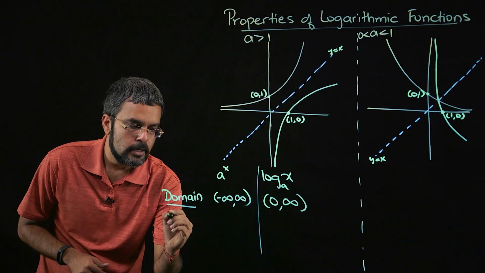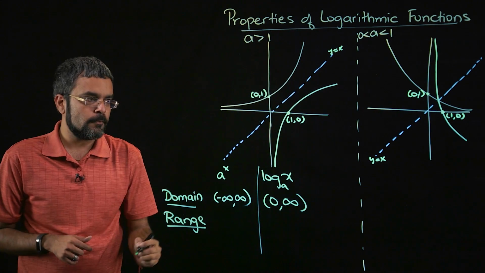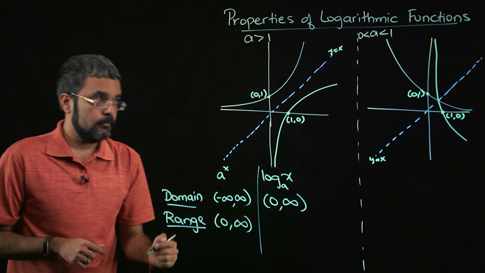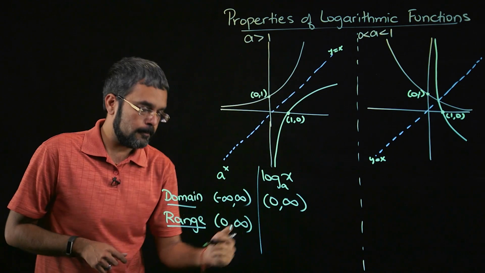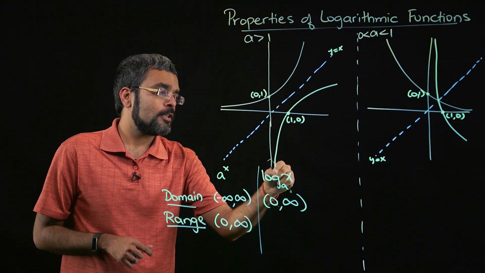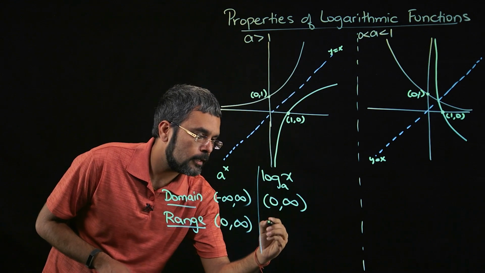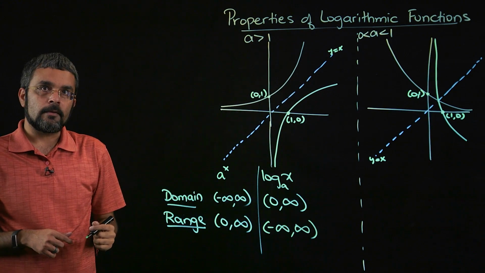Then the range: for the exponential function, my range was 0 to infinity because it only goes above the x-axis. For my log function, it goes all the way down to negative infinity and up to positive infinity, so it's all real numbers.